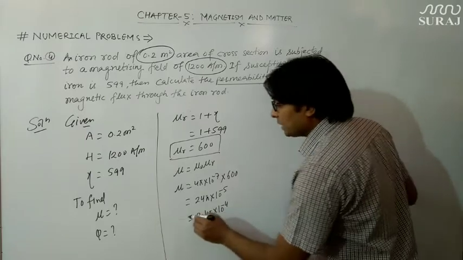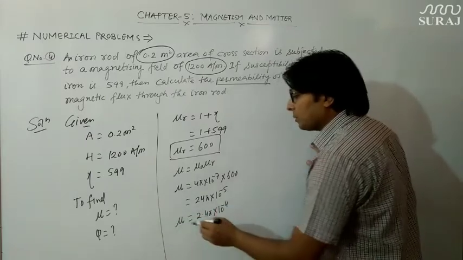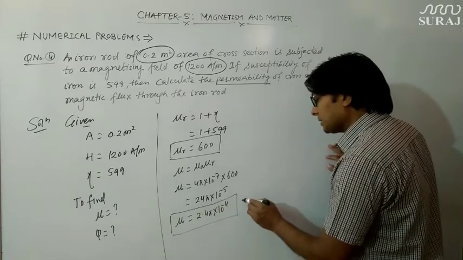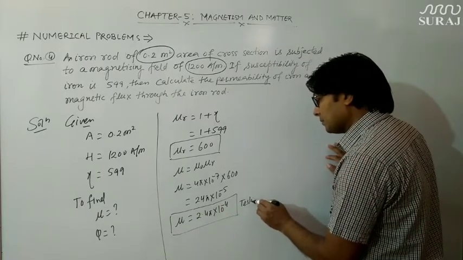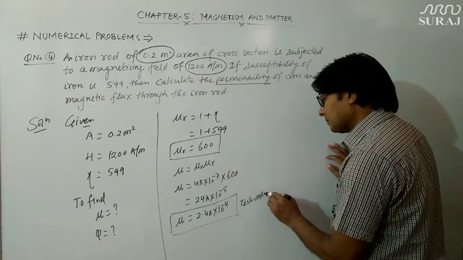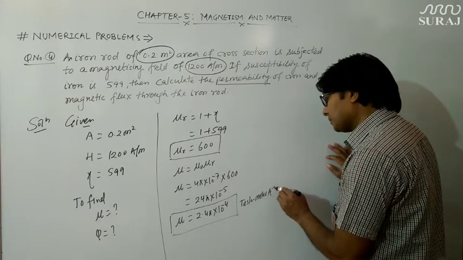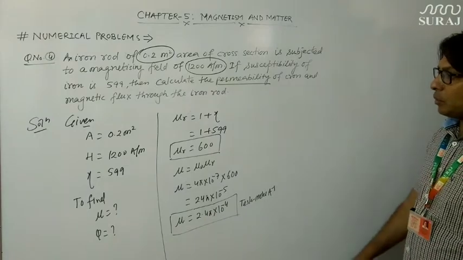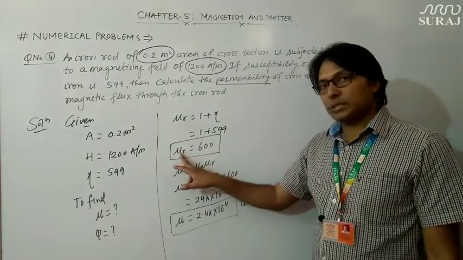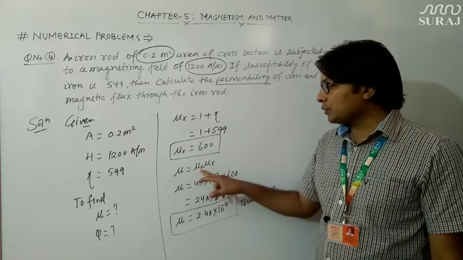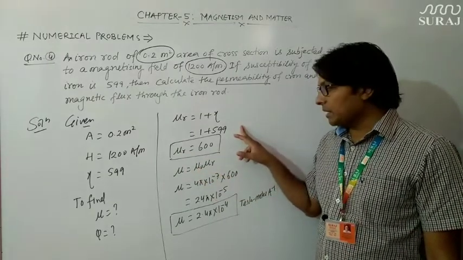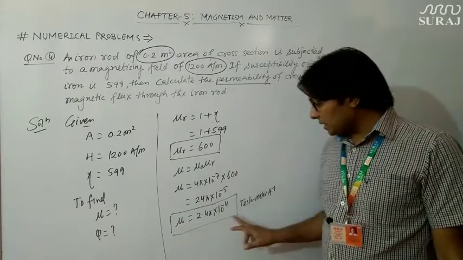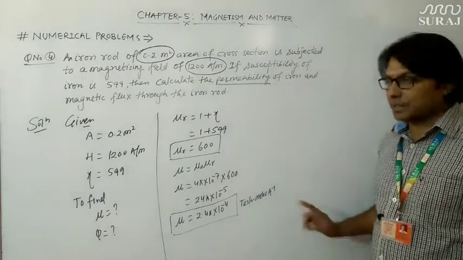So this is the value of permeability of the iron, and the unit of permeability is Tesla meter per ampere. So this is the unit of permeability. Although relative permeability is unitless because it is the ratio of permeability of medium divided by permeability of free space, but permeability is having this much of unit.